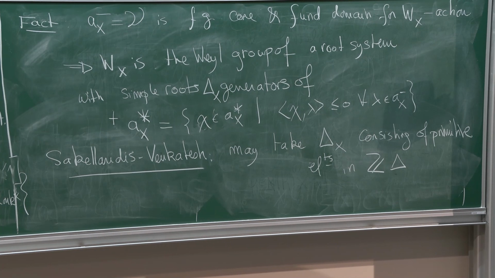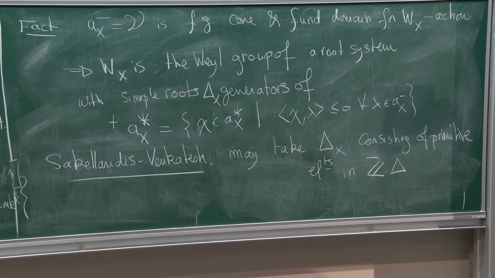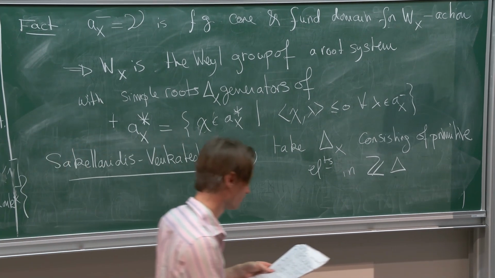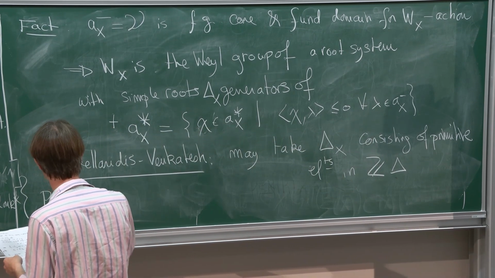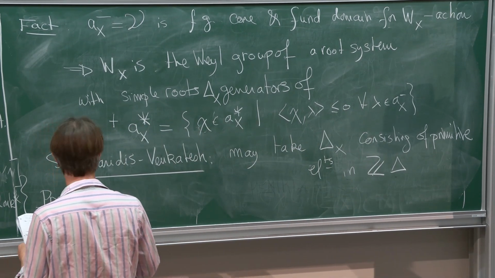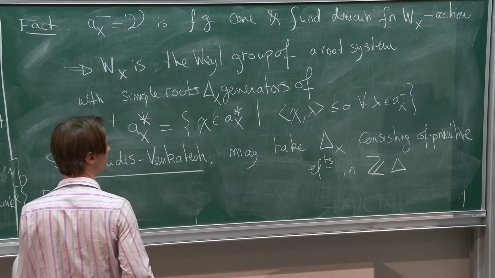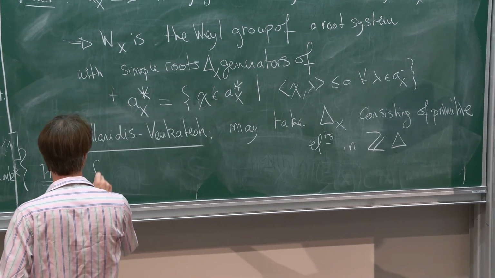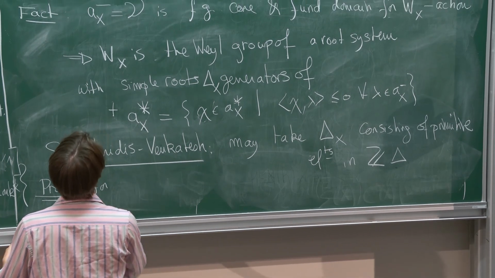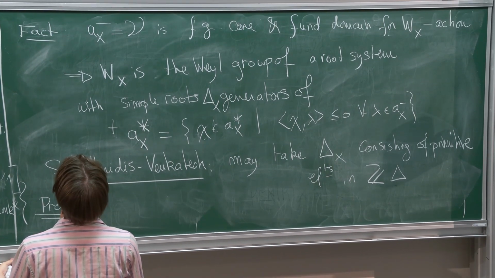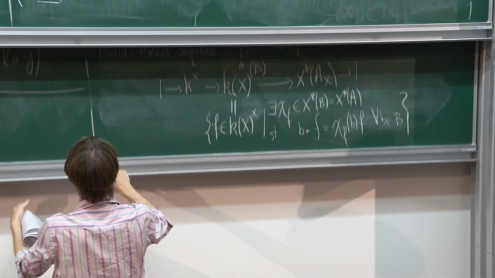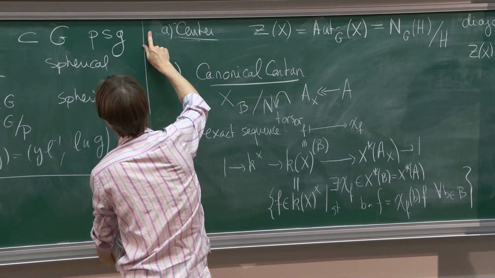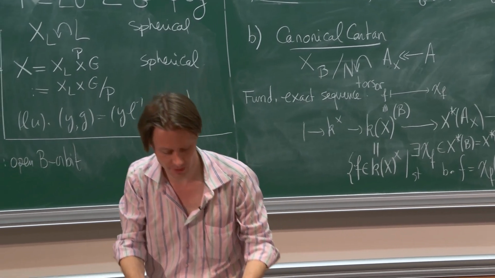And it turns out that these are the simple roots of a root system, and we'll take those. Let me just write one proposition. It turns out that these simple roots are not very far from simple roots of G. I will write on another board, and I will also explain why this normalization is natural.